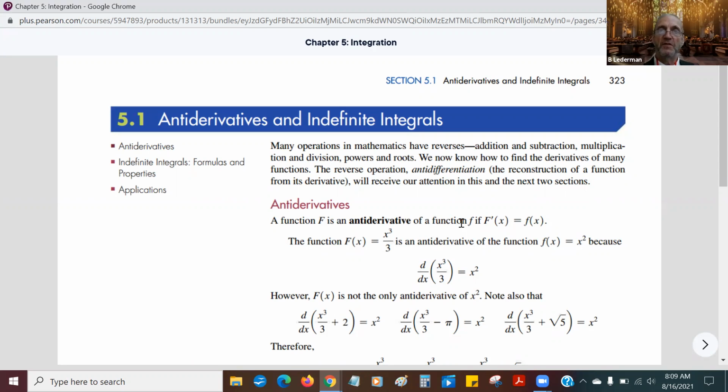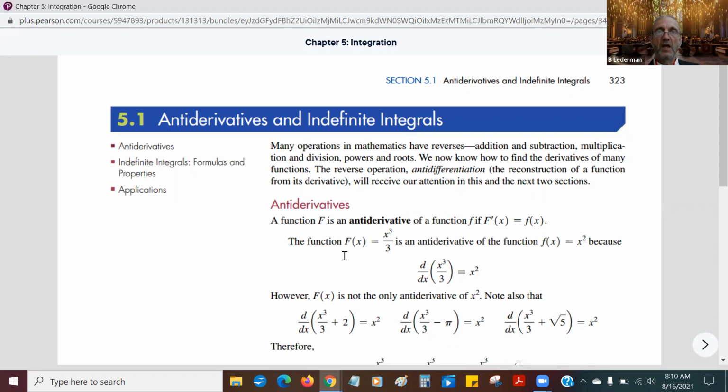I like that notation, because it shows that these two functions go together: small f and capital F, small g and capital G. It's convenient, so you know which derivative goes to which antiderivative. Capital F is an antiderivative of f if capital F prime equals plain f of x.